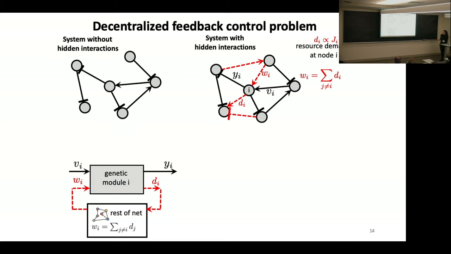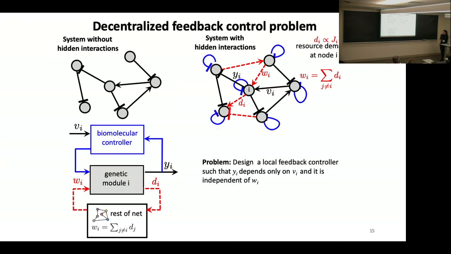And then I'll be viewing these interconnections through these hidden interactions as perturbations. And I will be looking to design a biomolecular controller that measures the output of your system and regulates the expression of your module in order to compensate for the disturbances W. Okay? So that's the control problem I'm trying to solve.